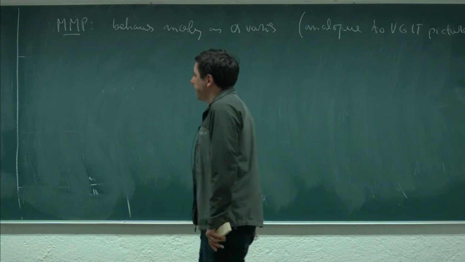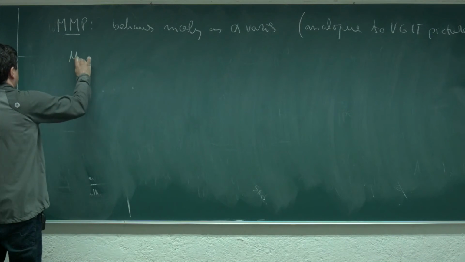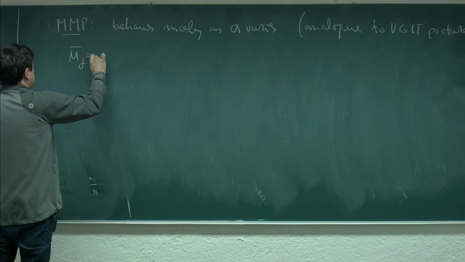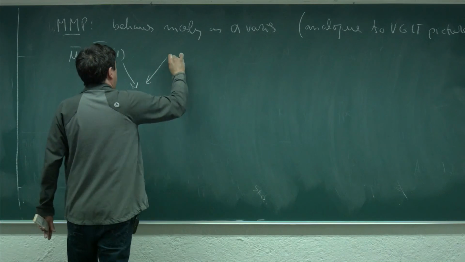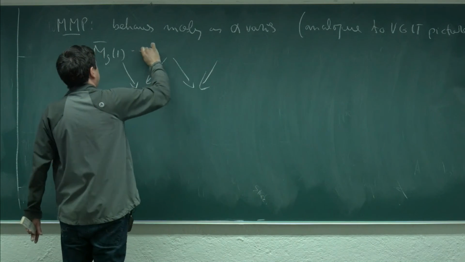So there will be finitely many chambers. There will be M_g bar, which is M_g bar of 1. You go down, you go up, and so on, and flips.